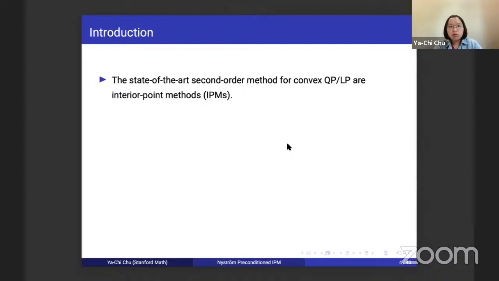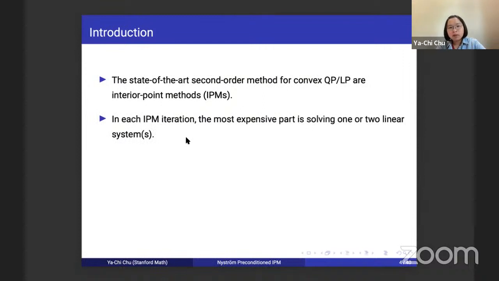I think it's well known in the optimization society that the state of the art second order methods for solving convex QP and LP are interior point methods, IPM. In each IPM iteration, the bottleneck is solving one or two linear systems, depending on whether you use some particular corrector strategy. For large scale problems, the inner linear system in IPM is also very large.